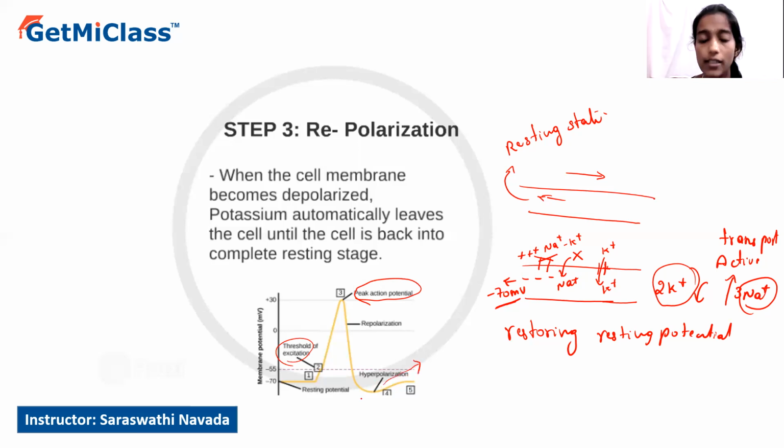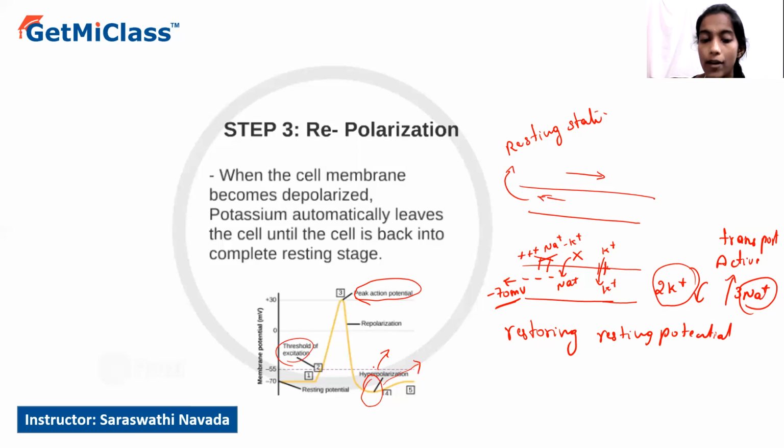And here, the decrease in charge, or fall of charge below minus 70 millivolts, results in hyperpolarization. That is mainly because of the active efflux of sodium ions for the movement of every potassium ion into the membrane.